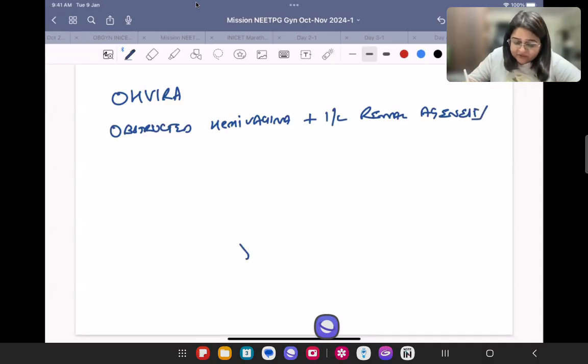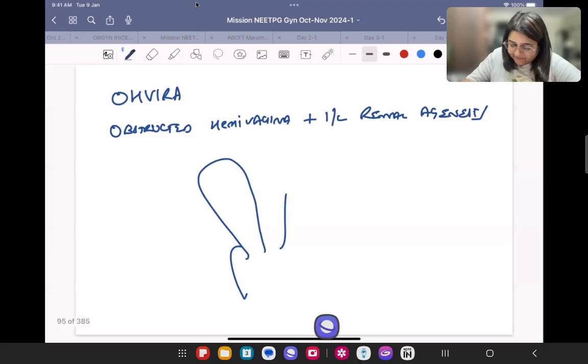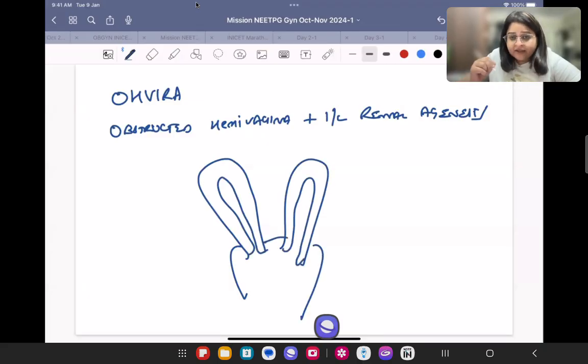What does this mean? So you have a didelphys uterus. Okay, and in this, what you find is that one of the vaginas, that means half of the vagina, has an obstruction like this. It's a hemivagina.